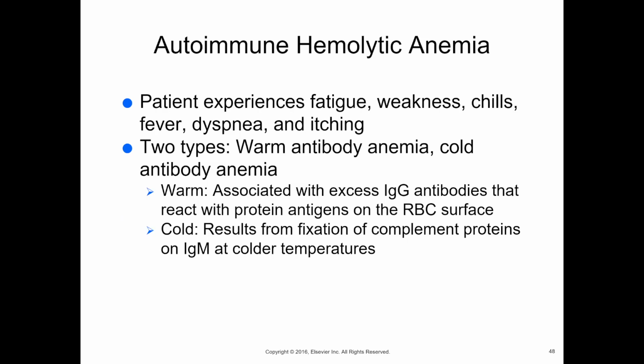First one we're going to talk about is autoimmune hemolytic anemia. So hemolytic anemia is essentially where the body destroys its own red blood cells. When we're talking about the conditions here, though, fatigue, weakness, chills, fever, itching, in this specific context, this is almost an emergency situation.